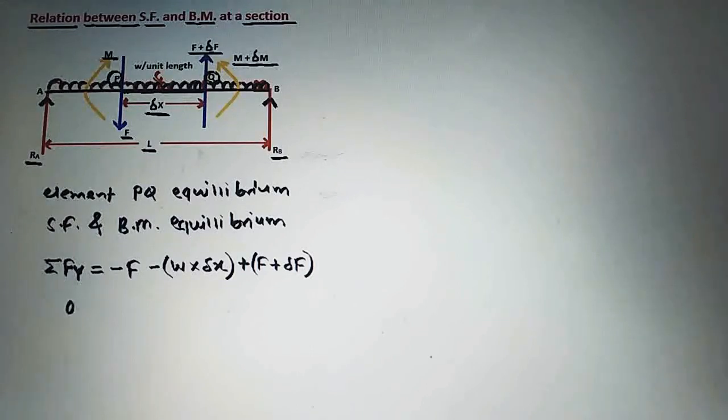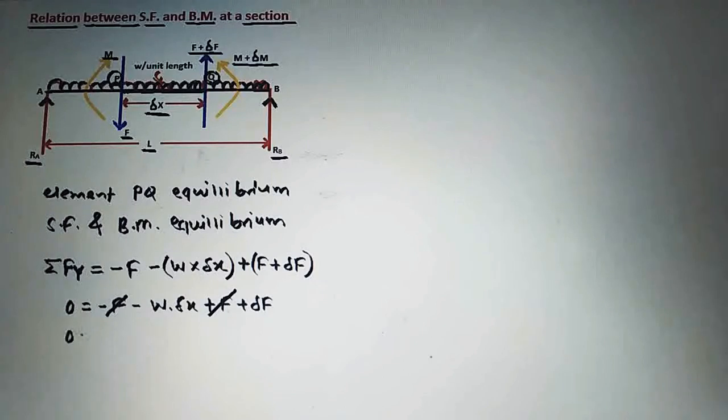So summation Fy is equal to 0, which is equal to minus F minus w into delta x plus F plus delta F. Now this minus F and plus F will get cancelled here.